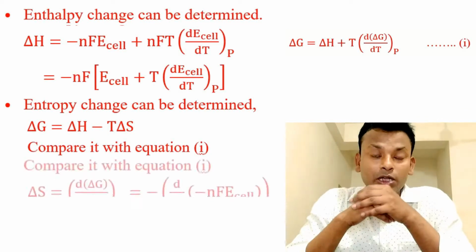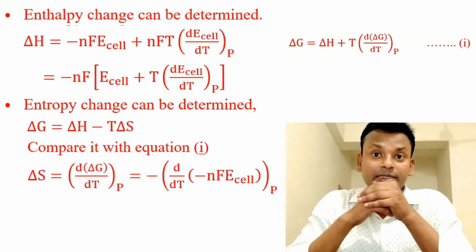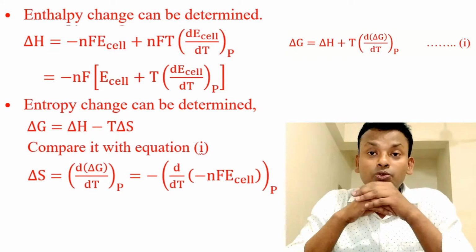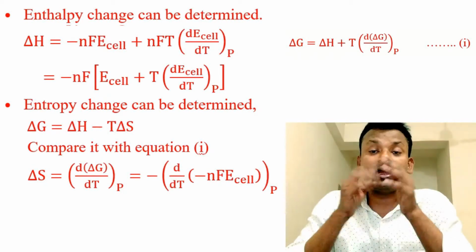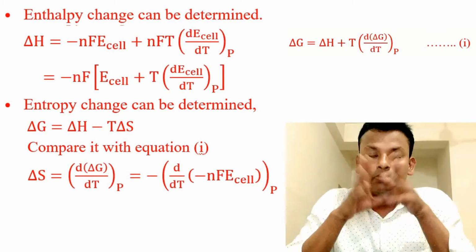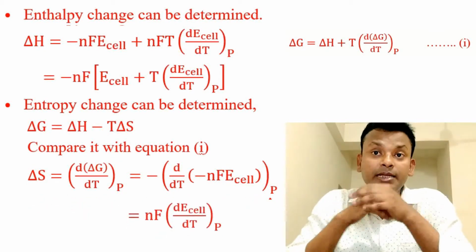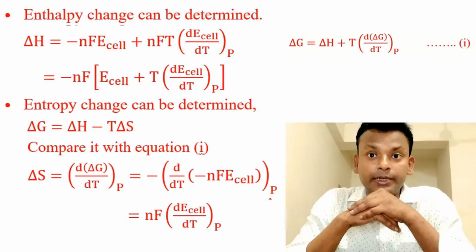So del S equals minus d(del G)/dT at constant P, which equals minus d/dT of minus nF E cell at constant P, which equals nF dE cell/dT at constant P.